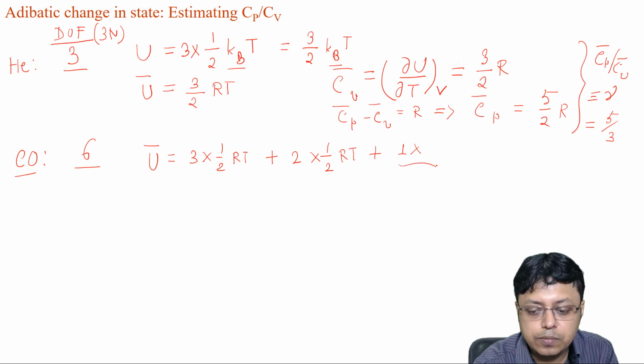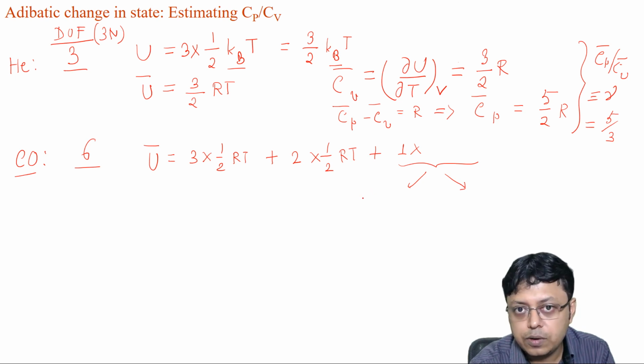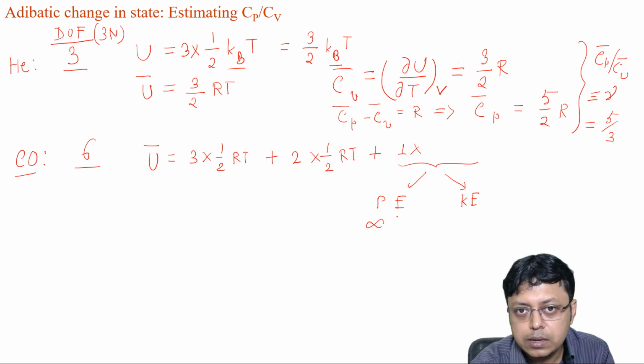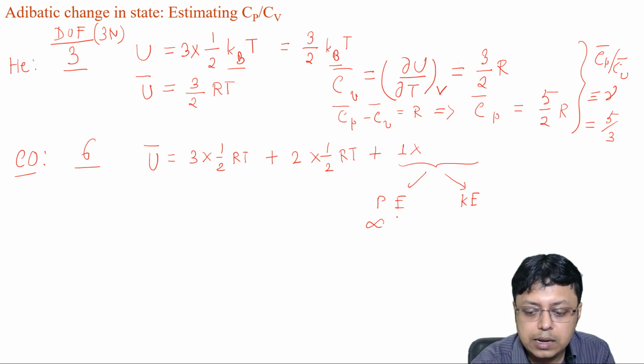Now interestingly, for any vibrational motion you have 2 contributions to the total energy. One is the potential energy and one is the kinetic energy. Remember, the potential energy for a bond vibration, if we approximate the vibrations as harmonic, we can use Hooke's law, and the energy will be nothing but half kx square, so the energy is proportional to x square, a square term.